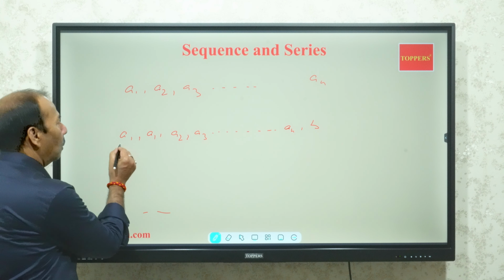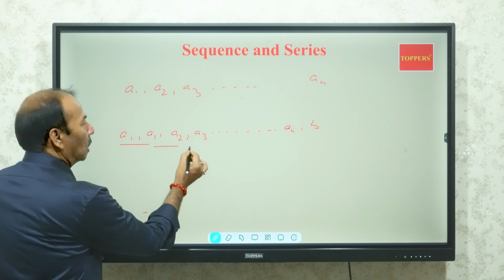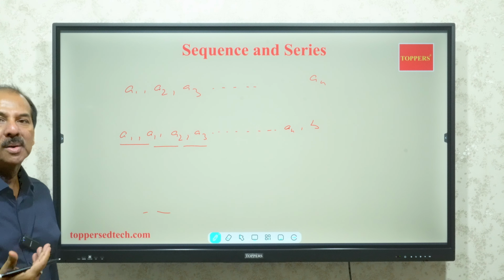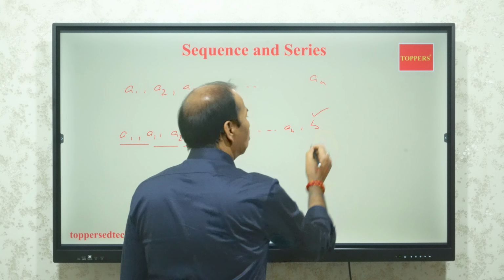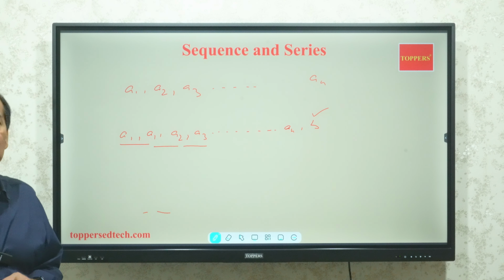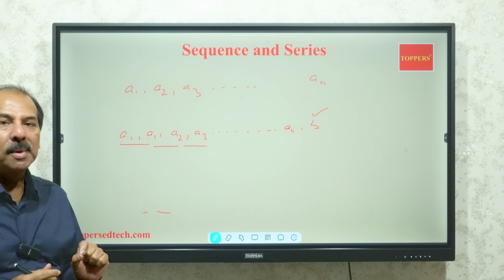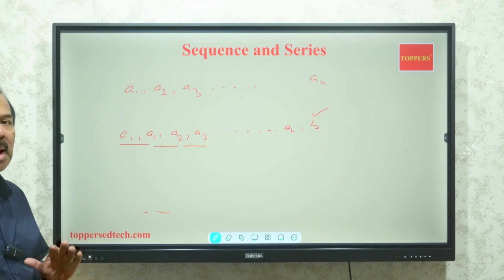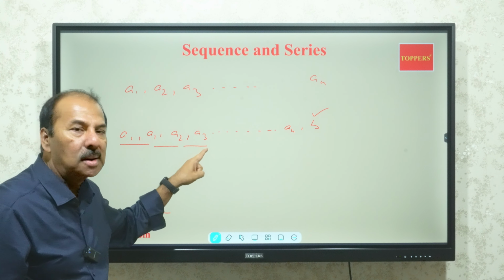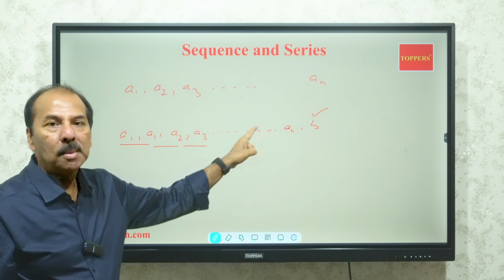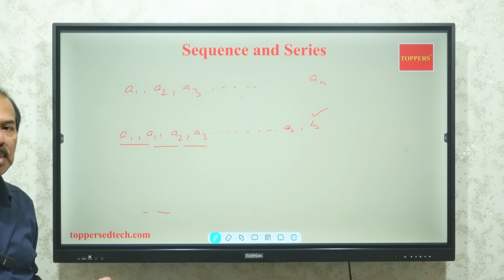That means a1 minus a, a2 minus a1, a3 minus a2 are the same, and that is the common difference. If we can calculate the value of that common difference, from there we can calculate the first arithmetic mean, second arithmetic mean, third arithmetic mean, nth arithmetic mean, and so on. So let us calculate that.